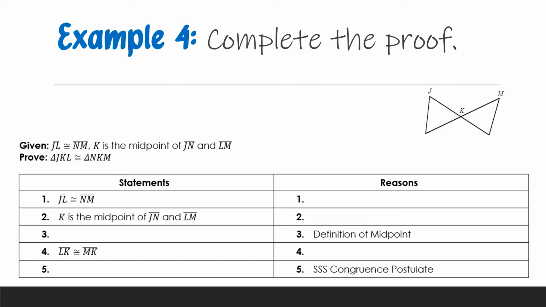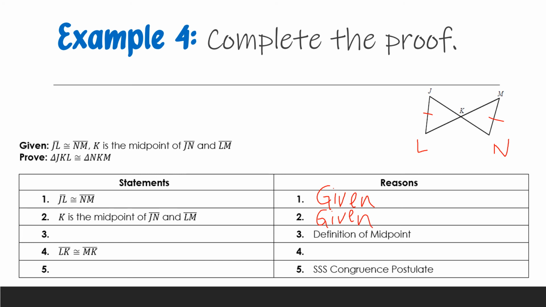Okay, so for our next proof, we're going to try to prove that triangle JKL, and it looks like my L got left off, so let me add that in, is congruent to triangle NKM. So we are told that JL and NM are congruent, so let's go ahead and mark that. We're also told that K is the midpoint of JN and LM.